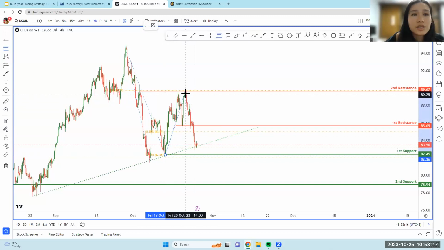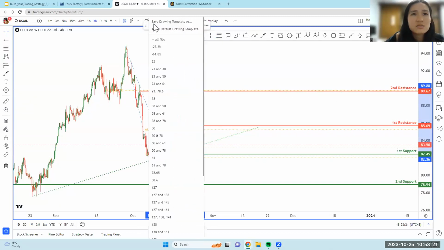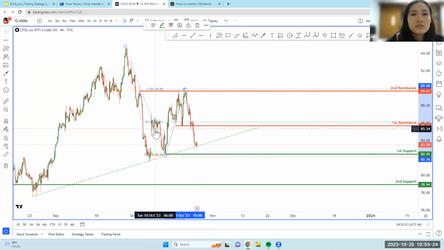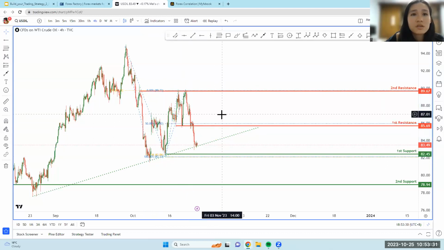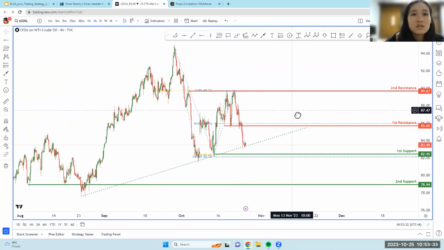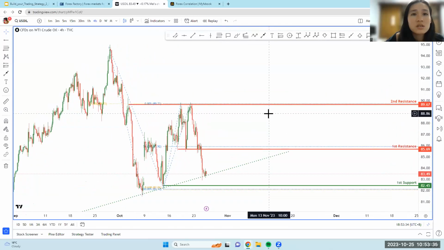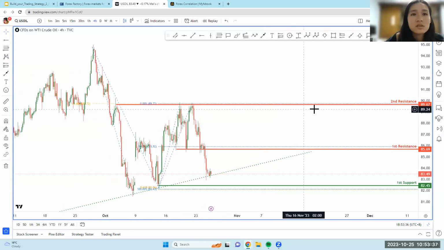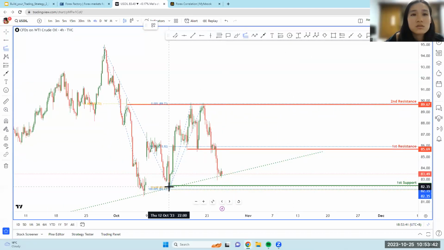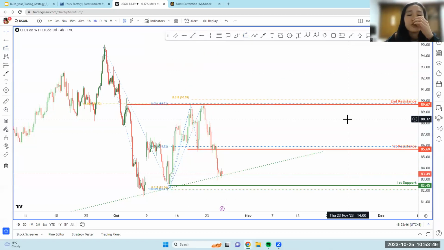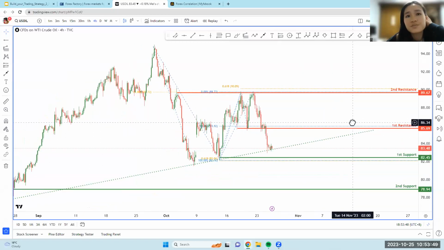Then I'm looking for another retracement, and I can see my 50% lines up with my first resistance, and my 61.8 also lines up with my second resistance.